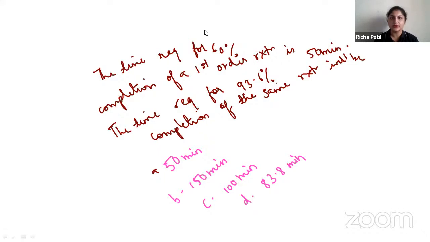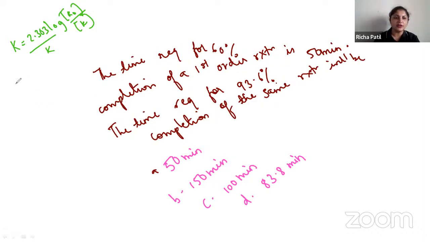How will you solve this? For the first order reaction, the rate constant is given as k = 2.303 by t, log of R naught by R. What they have given is that at 50 minutes, the time required for 60% completion of a first order reaction is 50 minutes.